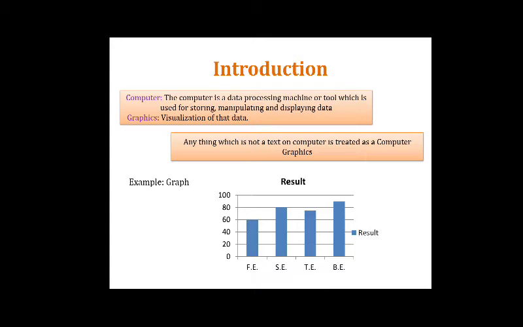This is called computer graphics, meaning the information can be represented in other ways: it may be a graph, any picture, or any scene. That is more informative, and the visualization of information is very important, so we can see what the actual information is.